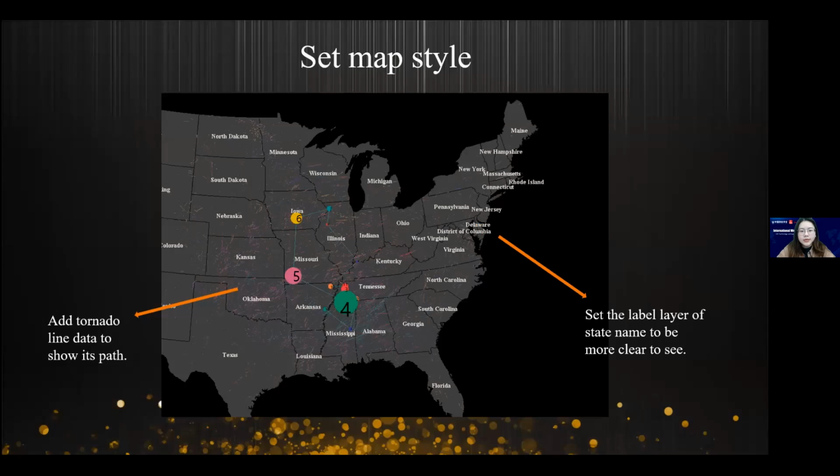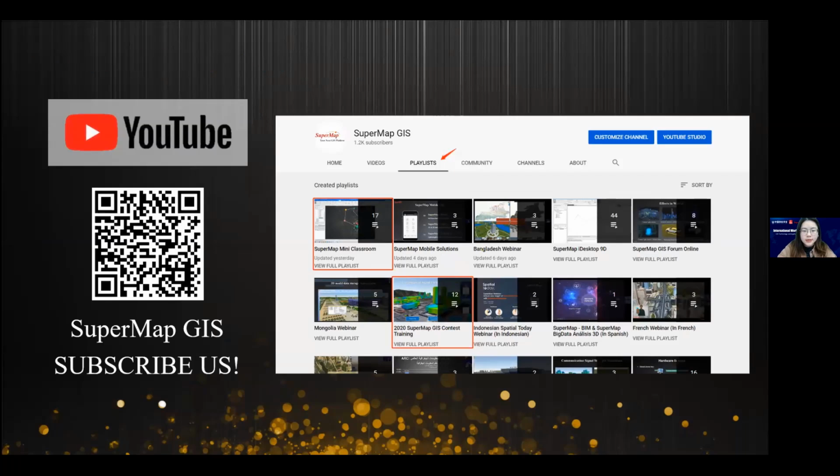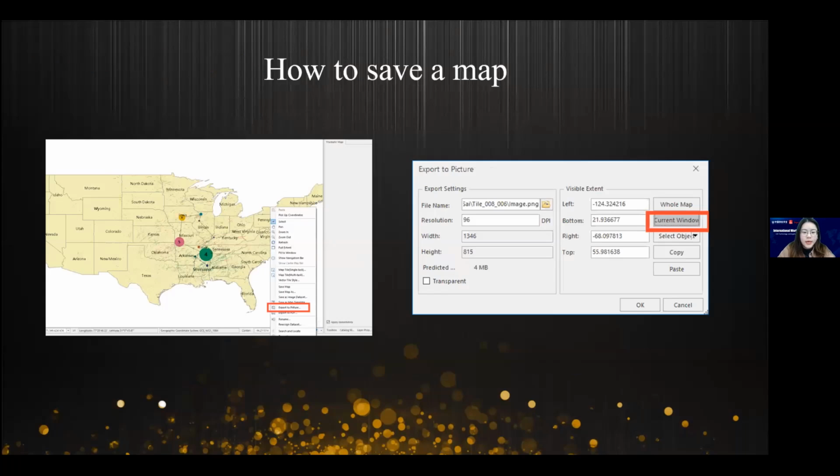And mainly, we set the map style by setting the label layer of the state name to be more clear to see, and we can change the color of the background. So the important step is to save our map and our workspace. And this is how we save a map.